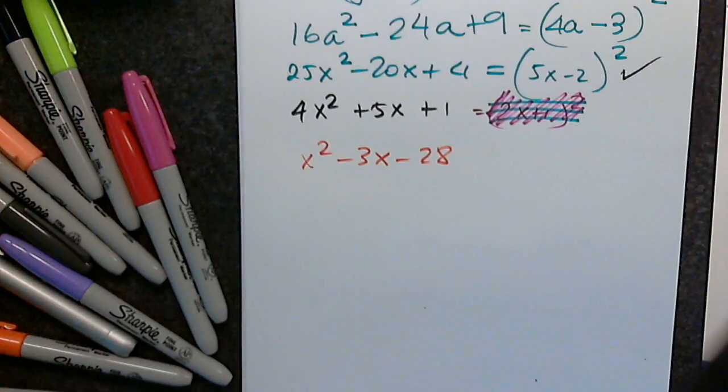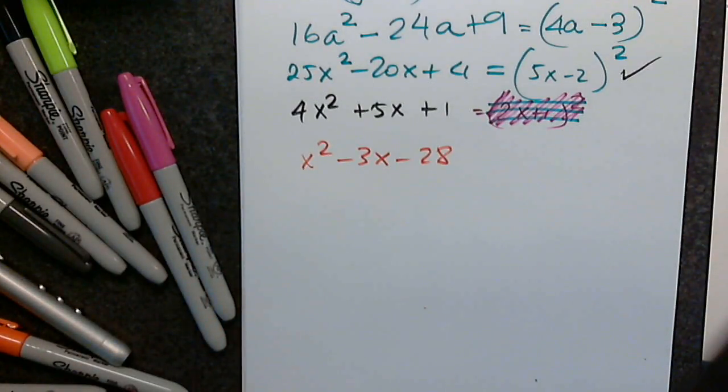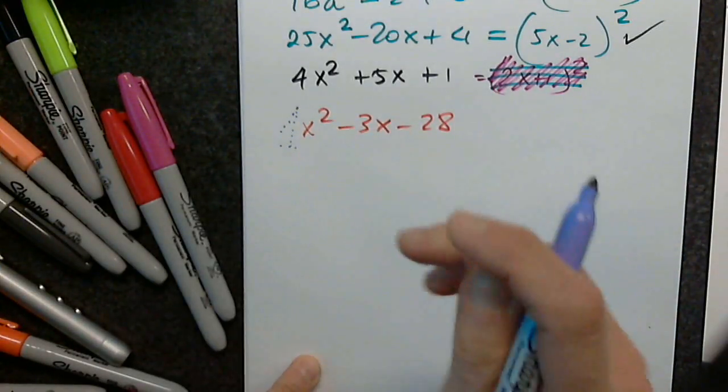Trinomial. Descending order? Yeah. Greatest common factor? No. Negative leading coefficient? No. Special product? No, because it's negative 28. That's why I said it's not a special product. Is 1 the leading coefficient? Good.